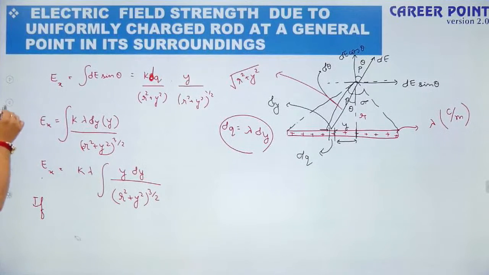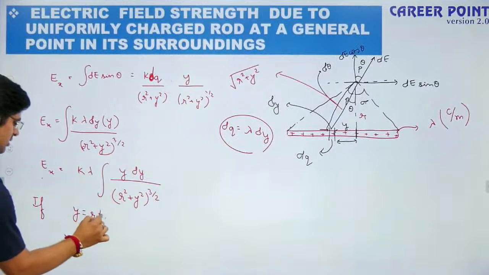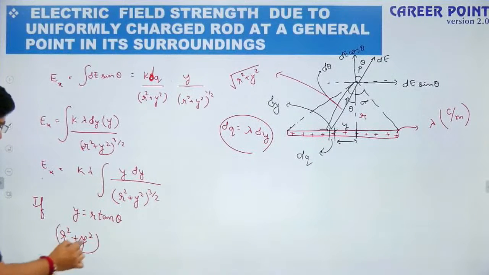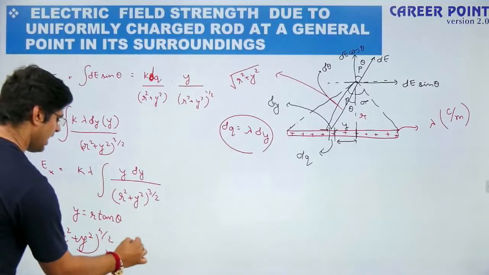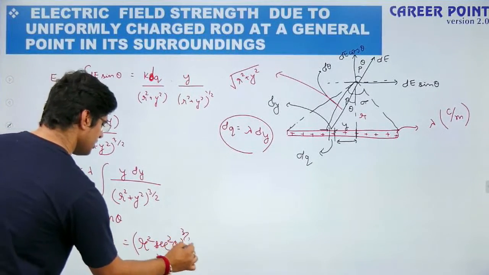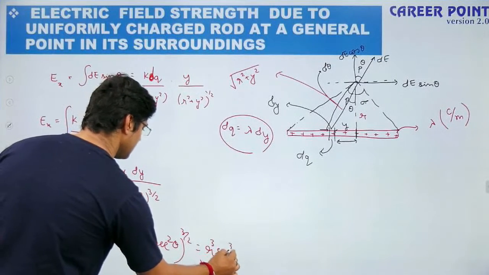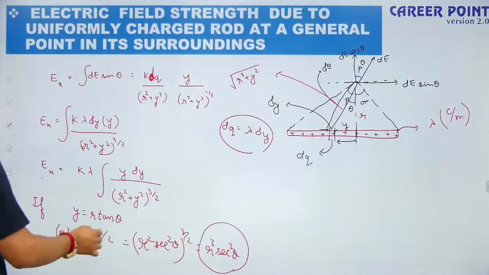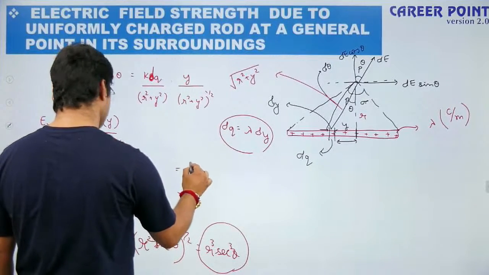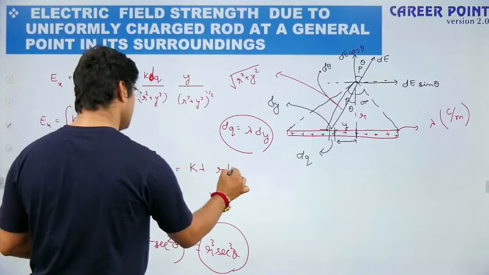If we try to place y equals r tan theta, shall it be easy? Because r square plus y square raised to power 3 by 2 will become r square sec square theta raised to power 3 by 2. So this will be r cube sec cube theta, right? Now we use it directly in this equation. K lambda, instead of y I am placing r tan theta.